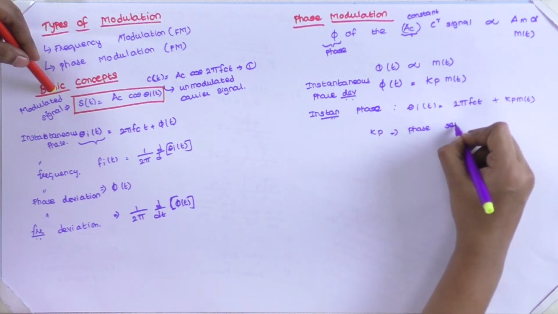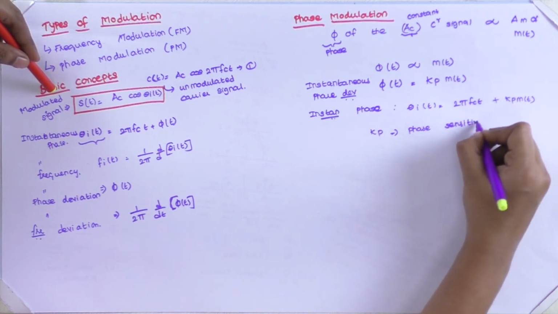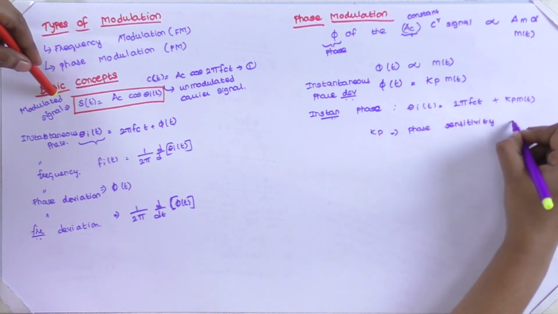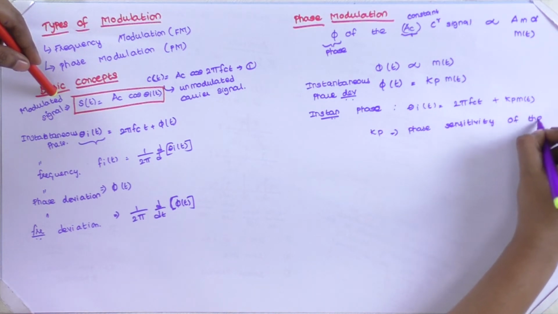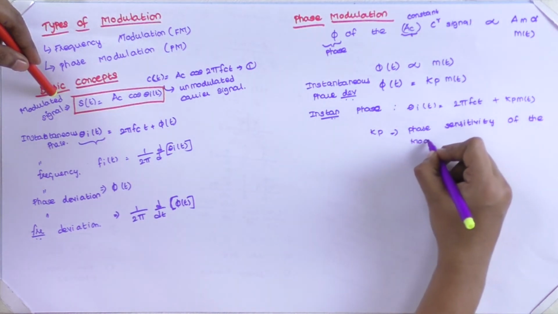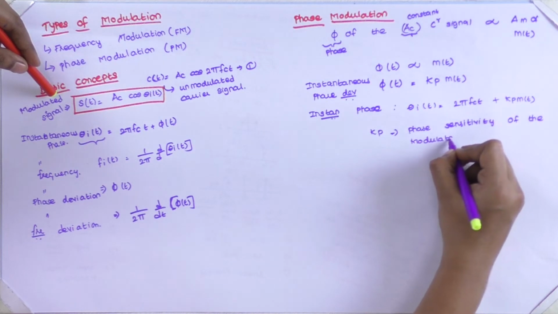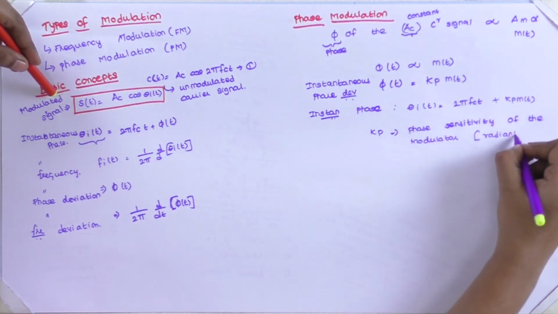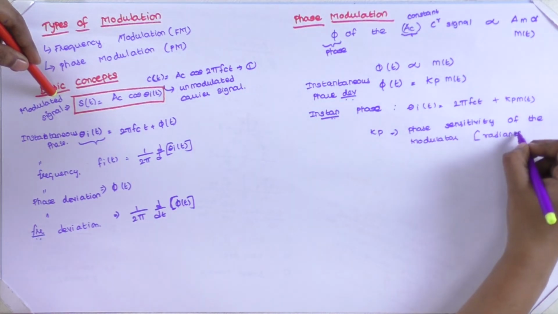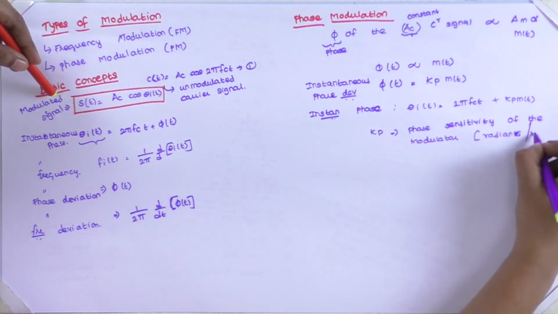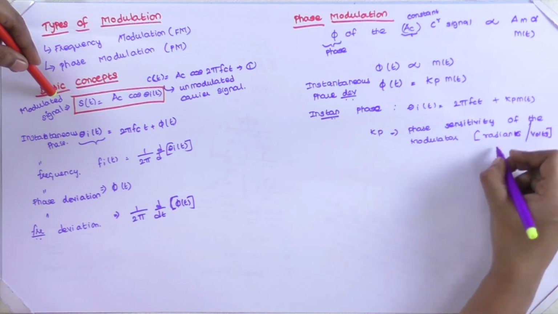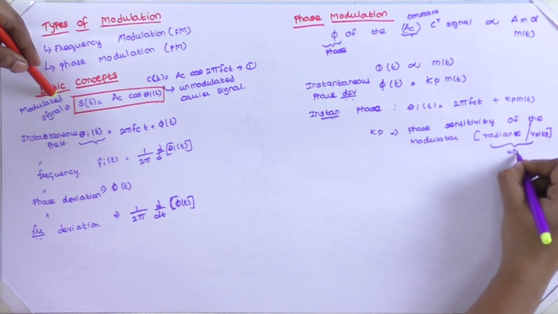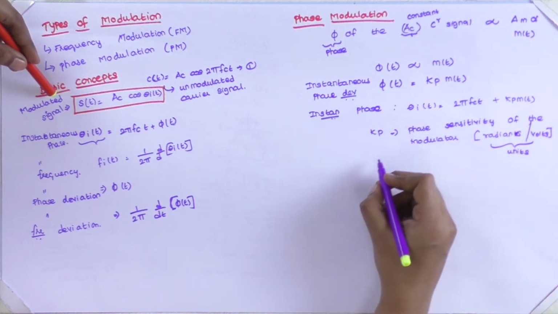It is the phase sensitivity of the modulator, expressed in radians per volt. This is the unit for this proportionality constant Kp.